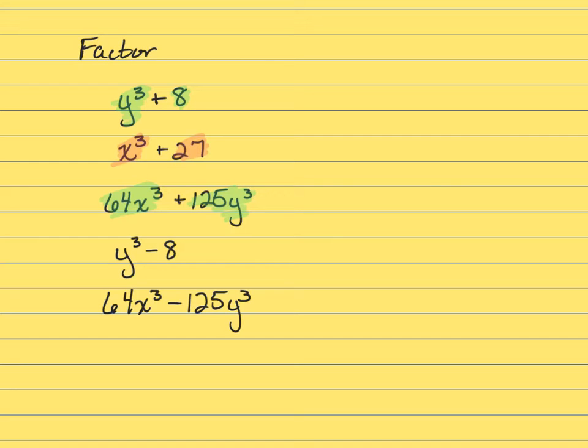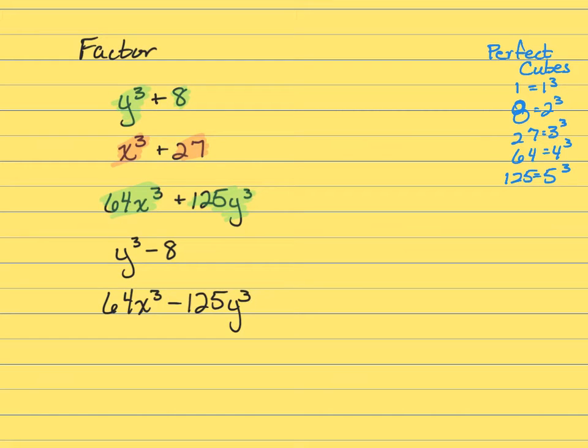Now, it's helpful to remember what your perfect cubes are so that you can recognize them. 1 is 1 cubed. 8 is 2 cubed. 27 is 3 cubed. 64 is 4 cubed. 125 is 5 cubed.